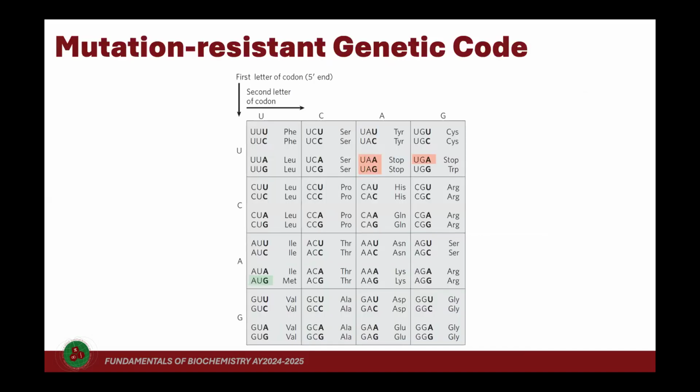So the genetic code is actually mutation resistant. And the reason why we defined first some of these mutations is for us to understand how the degeneracy of the genetic code gives its resistance to mutation.